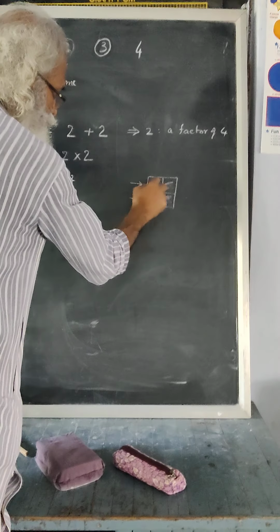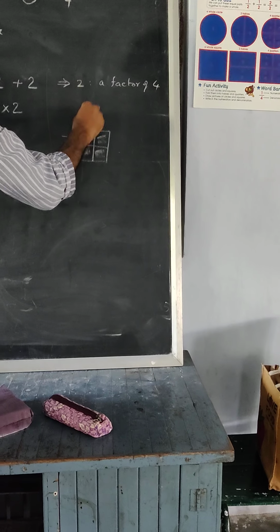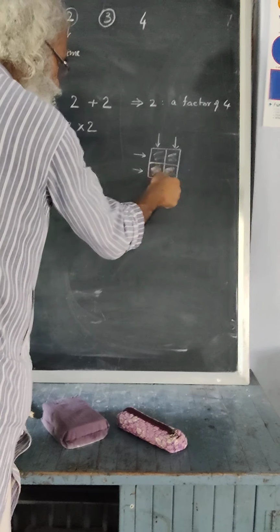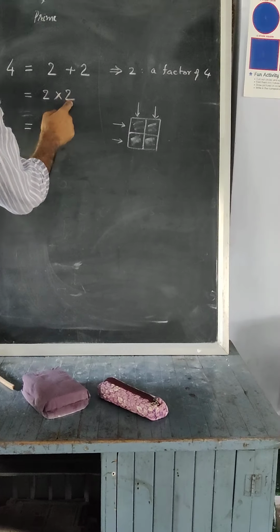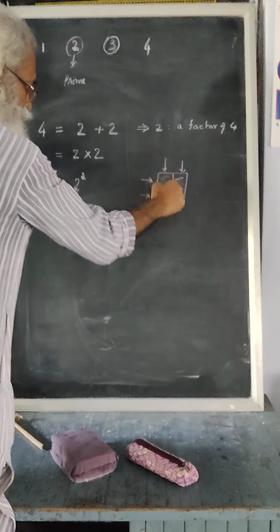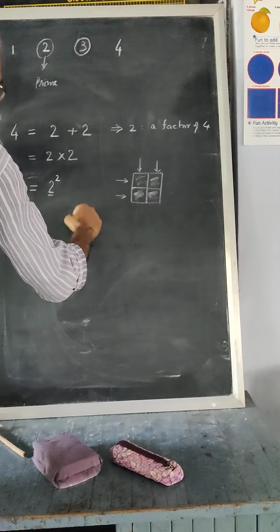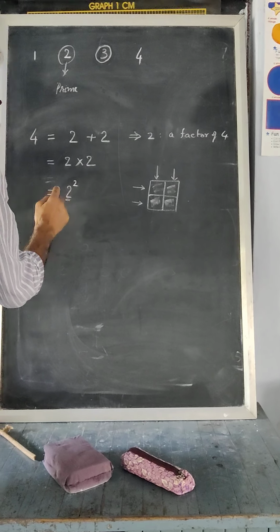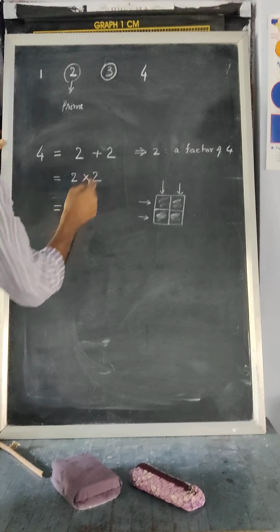So we have 2 2's: first 2, second 2, and this way also, first 2, second 2. So whether we look this way or this way, we have 2 2's, 2 times 2. So we say 4, the number of little squares in this outline, is a square, and it's the square of 2. And this is how we can write it. So the square of 2 means you have 2 times 2.